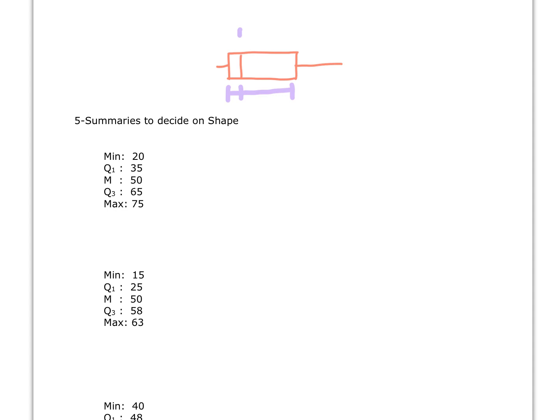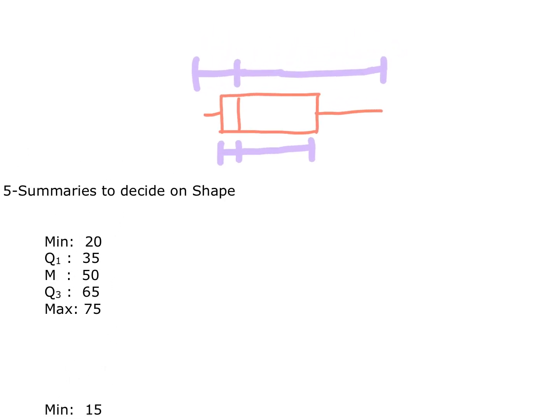But then we also want to compare the distance out from median to our max values, our extreme values as well. So we want to make some comparisons about those values and then talk about where the skew would be.